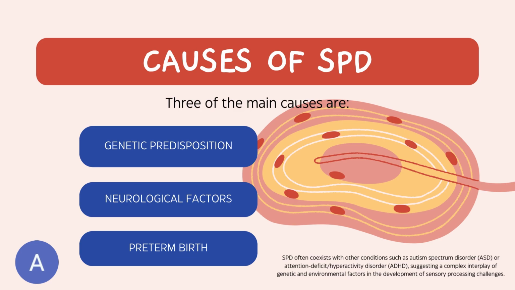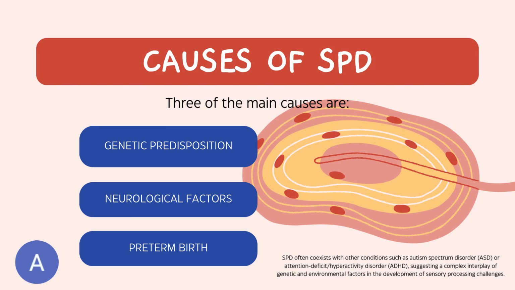Individuals with a family history of sensory sensitivity may be more likely to experience SPD. The second one is a neurological factor. Differences in brain structure or function, particularly in areas responsible for processing sensory information, could contribute to SPD.